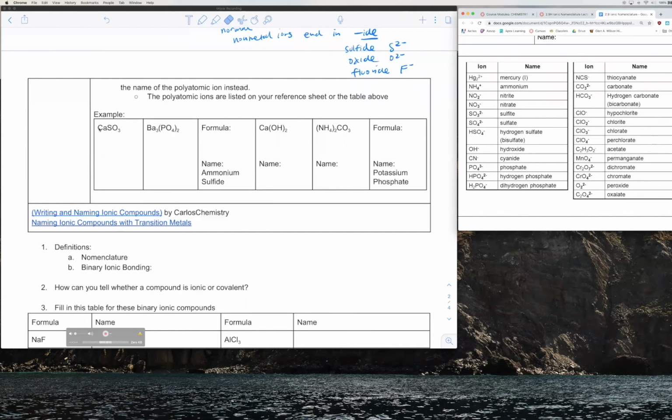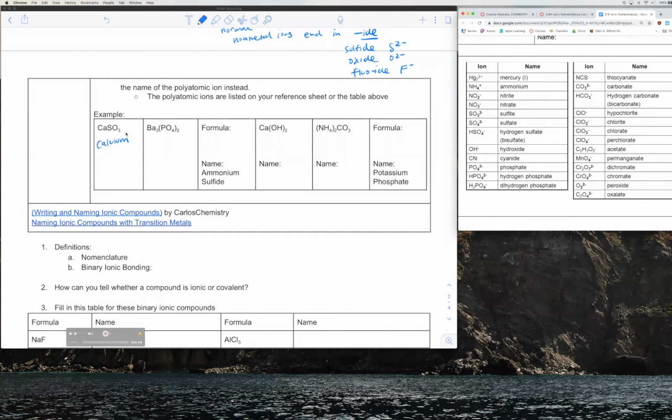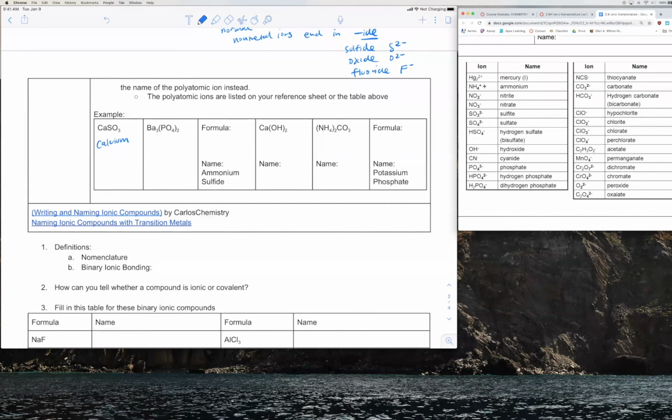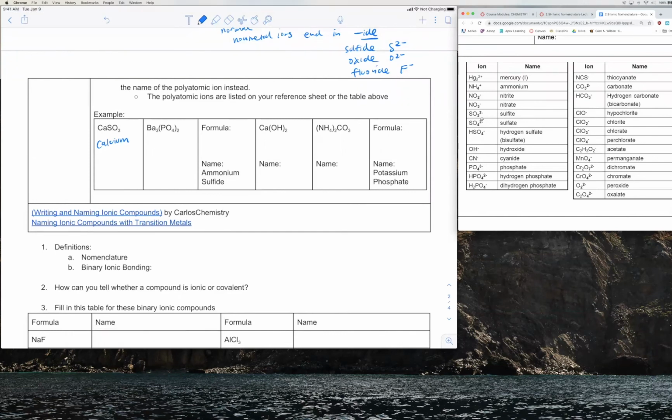So calcium is just our normal metal, so I just write calcium. And then SO3, you just look to see where you see SO3 on the chart. Again, you don't have a charge here because when you write a formula, you don't include the charges, because they cancel out. So just look for wherever it says SO3, and you can see it says sulfite right here.